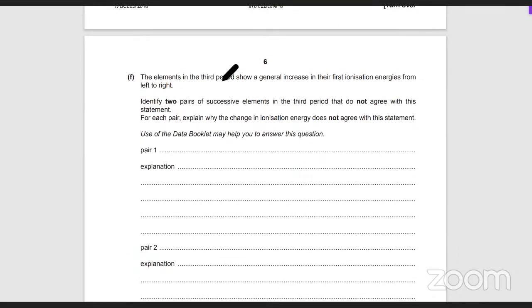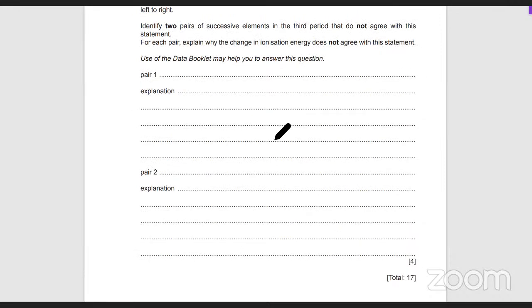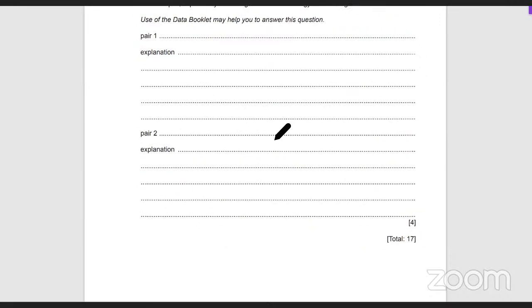The elements in the third period show a general increase in the first ionization energies from left to right. Identify two pairs of successive elements in the third period that do not agree with the statement. For each pair, explain. So this is about the dips in period 3. There's a dip at group 3, there's a dip at group 6.